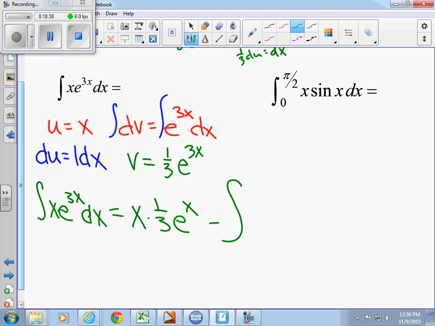The voodoo, you see how it works. v is 1/3 e to the 3x times 1 dx. You can move the 1/3 out of the way if you need to. Does everyone know what I mean by that? You can move that in front. We've already thought about this integral once today, right?